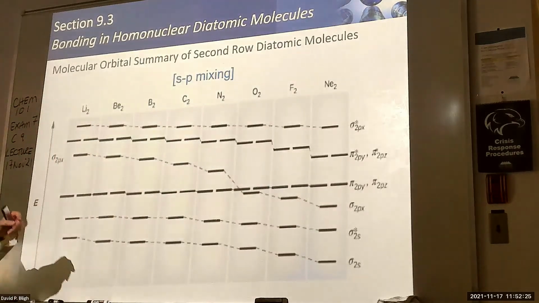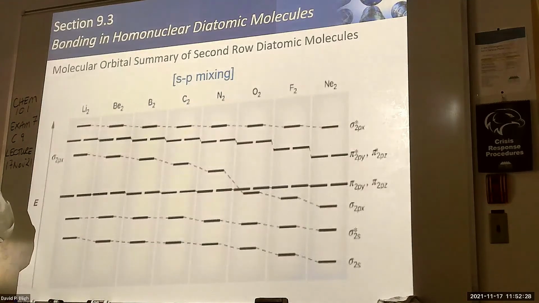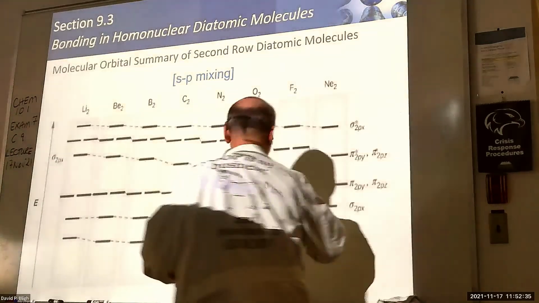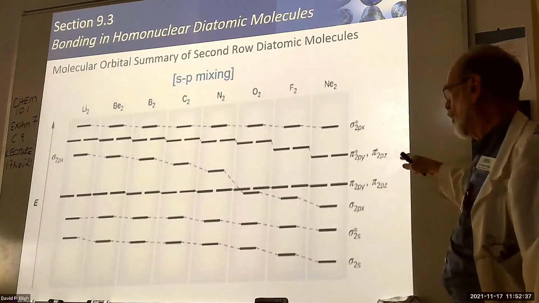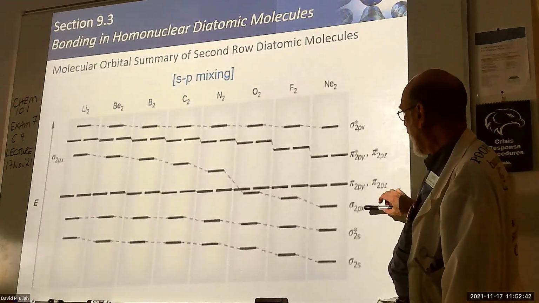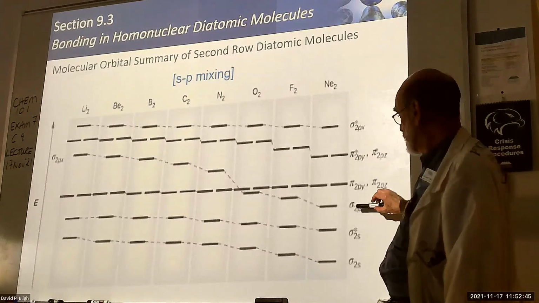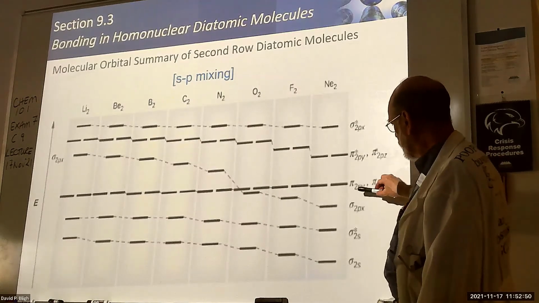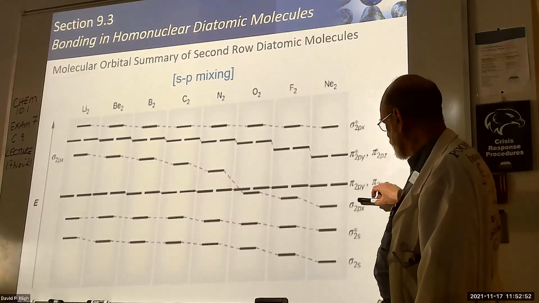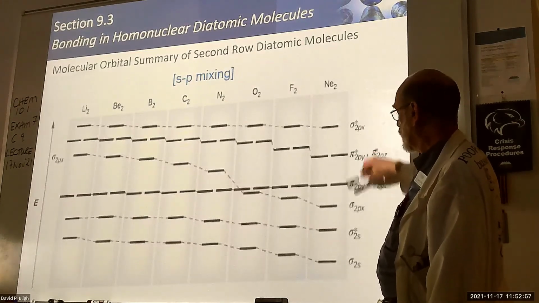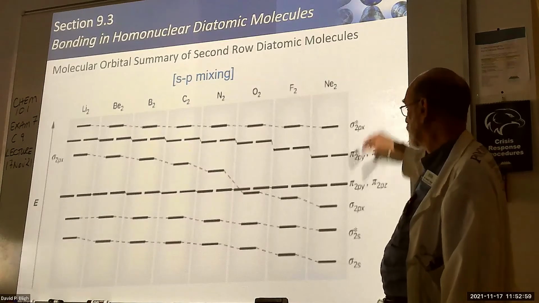What that says to me, as a rule of thumb, is that when you write these sigma and pi orbitals in there, when they're derived from p's, the sigmas are on the extremities, the lows and the highs, sigma and sigma star.